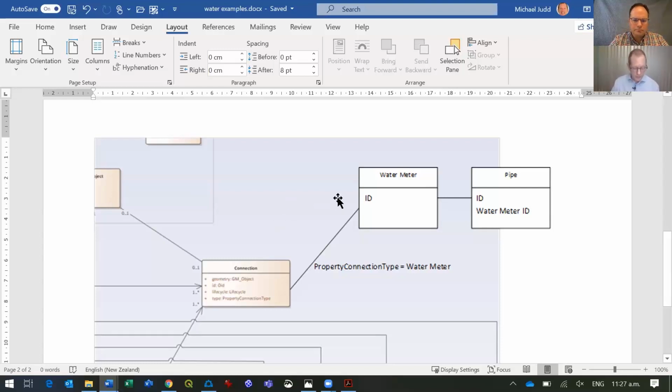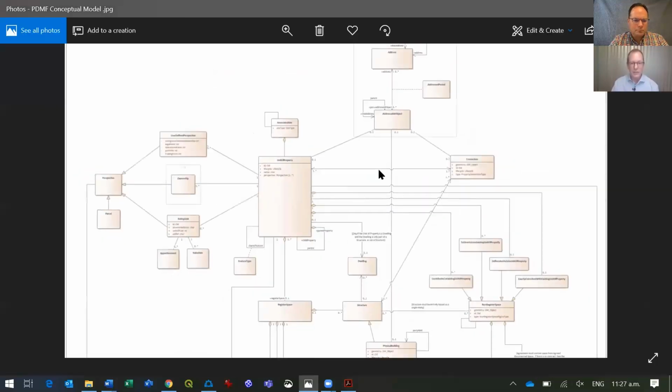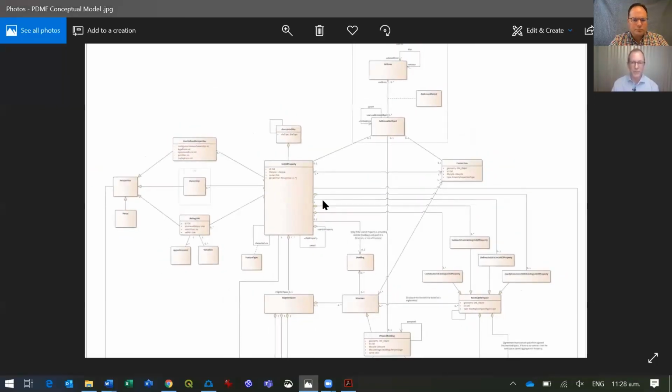So the last question I had lined up was, and we've probably touched on this a bit with the DVR data, how would the data be kept current, and is this even possible? So the answer to that is the PDMF is not a model about data sets. It's a model about how we connect individual records of data together to form a package of information about a property.